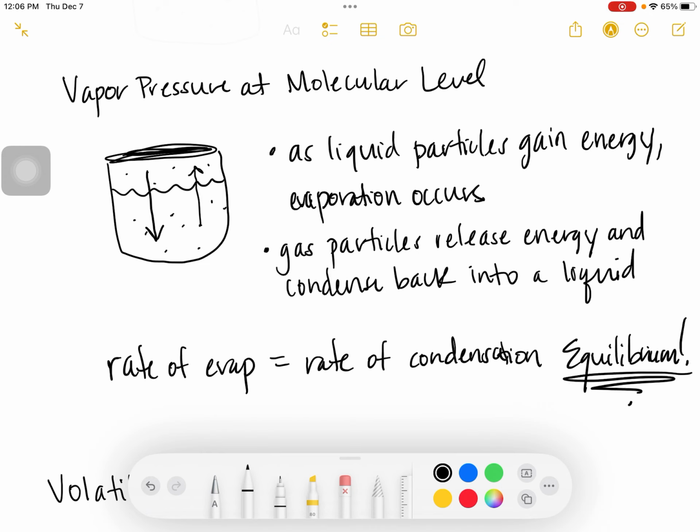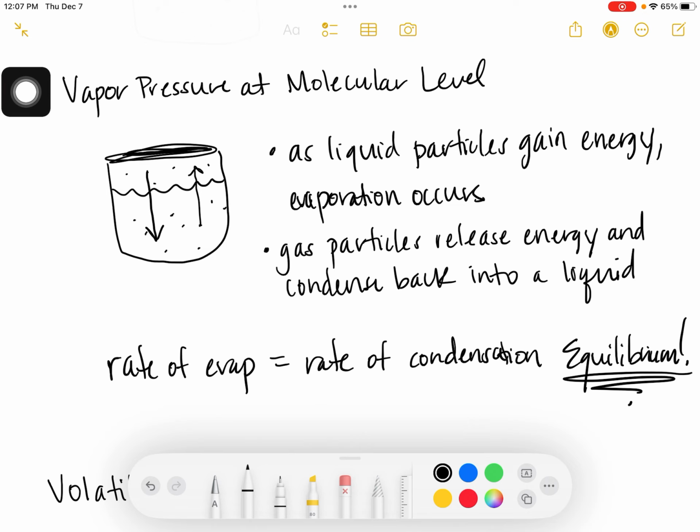Now, equilibrium is an entire chapter in chemistry, and it's a huge one. But in this case, we're talking about these phase changes occurring not only at the same time, but at the same rate, the same speed. So the number of particles that are in the liquid form and evaporating to the gas, that same thing is occurring as the gas is condensing into a liquid.